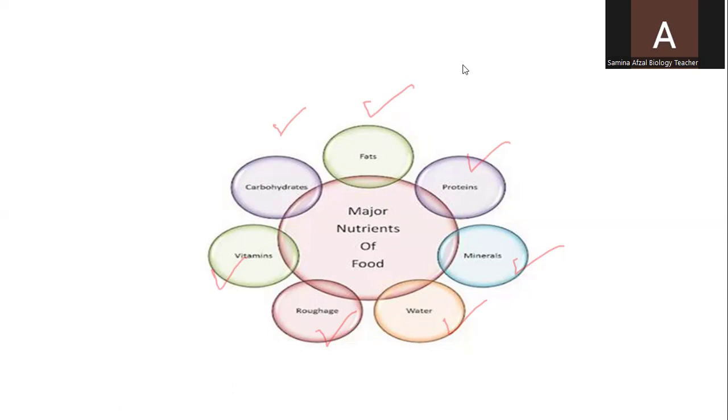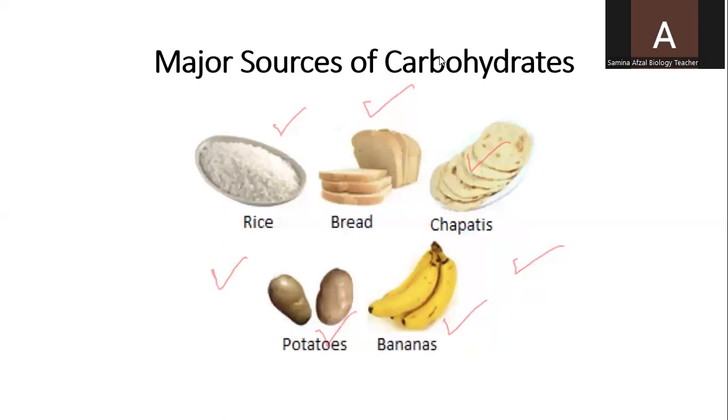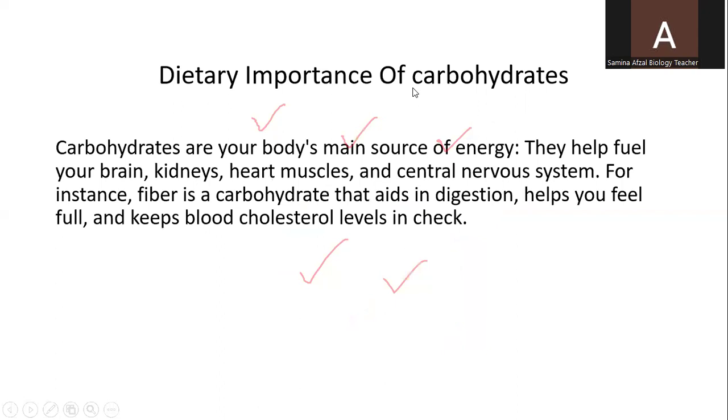First of all, we will discuss the sources of carbohydrates and then their importance. The major sources are rice, bread, wheat chapatis, potatoes, and bananas, etc. There are many other sources. Now, the dietary importance of carbohydrates: they are very important.